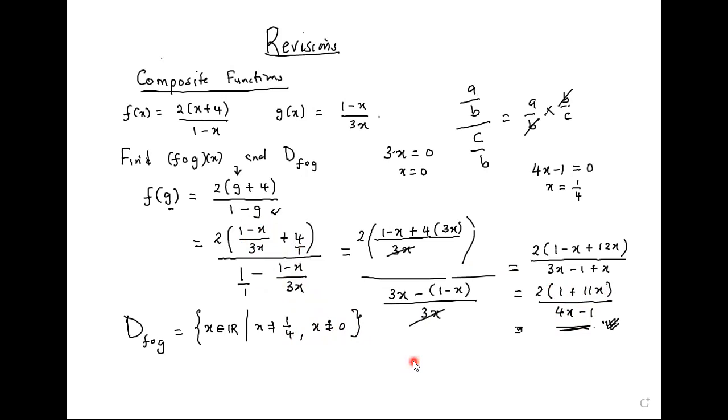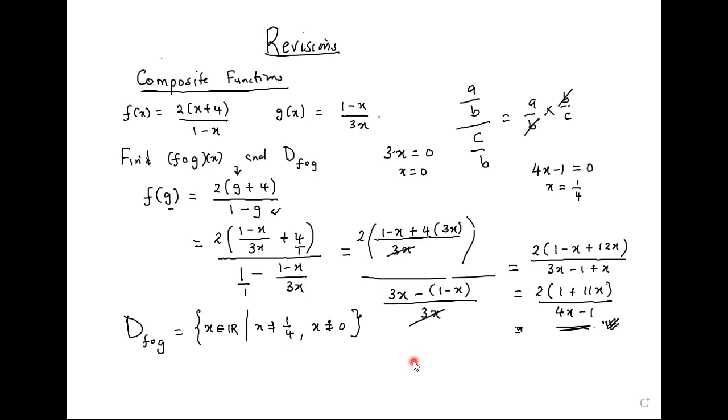Is it that we always supposed to use the 3x because it is an inside function, or is there another reason? Come again? I'm saying the reason why we equated 3x to 0, is it because it was an inside function? Yes.